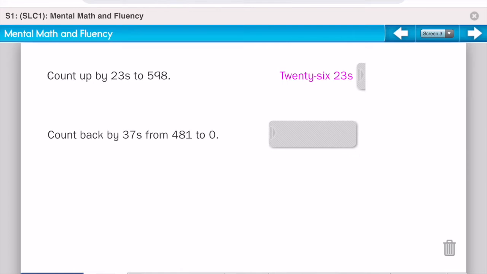Finally, if you're counting backwards by 37s, starting at 481, how many times do you have to hit the subtract button to get all the way to 0? Go ahead, start at 481, counting back by 37s. You would have to hit subtract 13 times to get to 0.